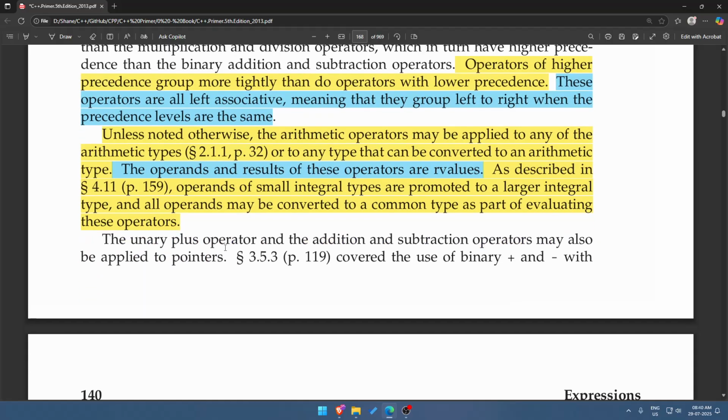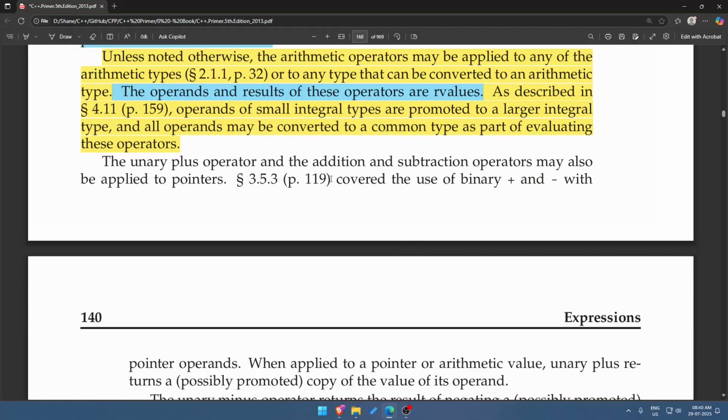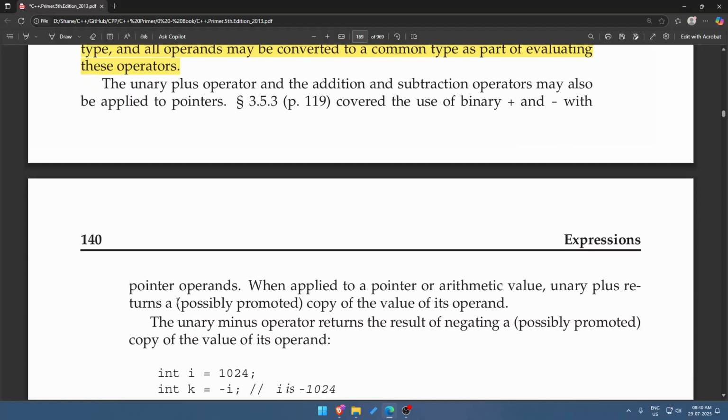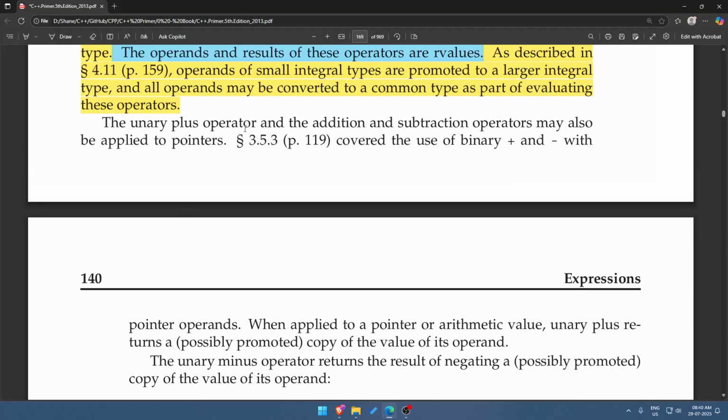The unary plus operator and the addition and subtraction operators may also be applied to pointers.